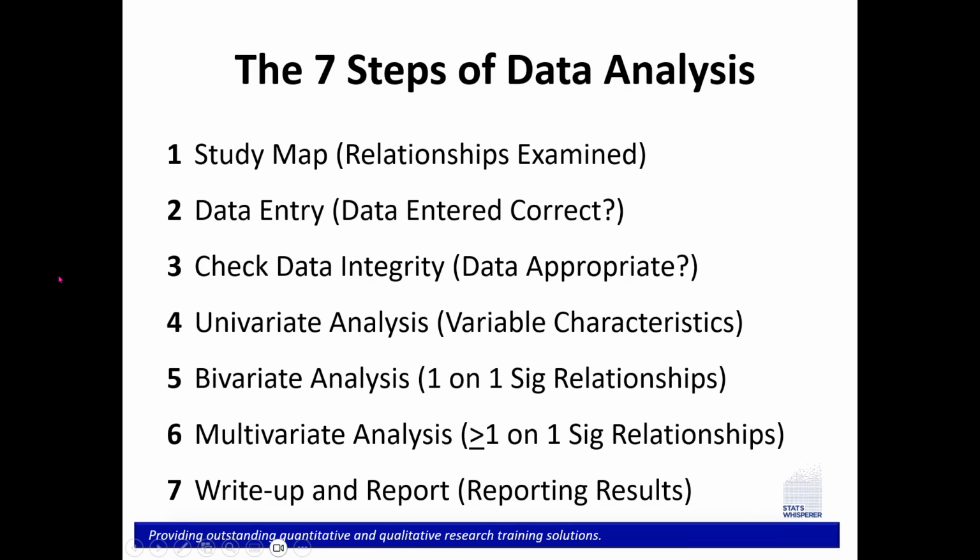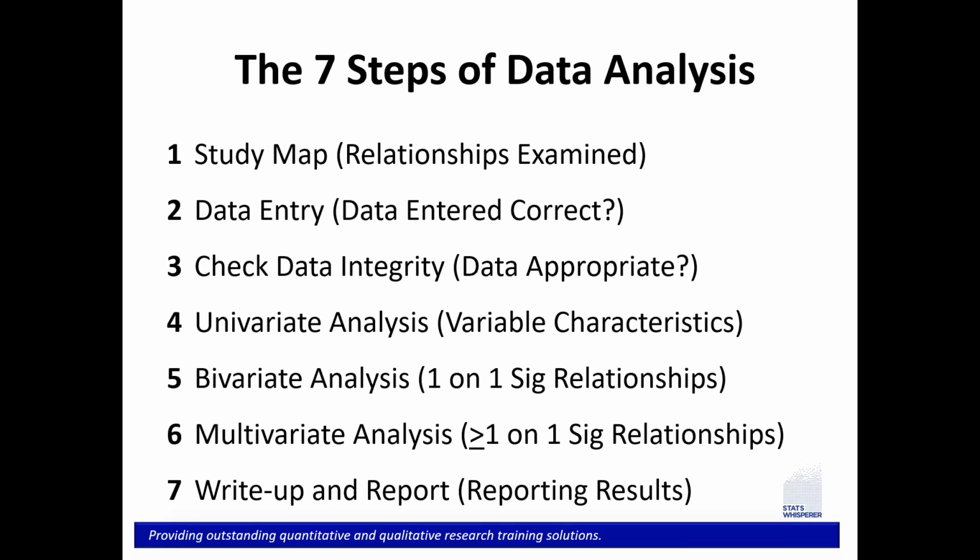Okay, so here we have the scientific, actual 7 steps of data analysis. These are the 7 steps as they pertain to a cross-sectional study, meaning the dependent variable is measured at one time. And these are the 7 steps you would follow to conduct a quantitative analysis study in that case.